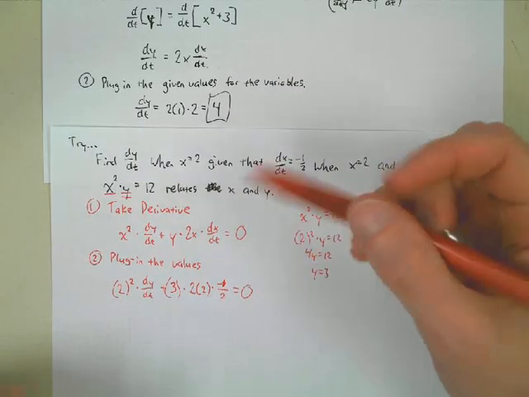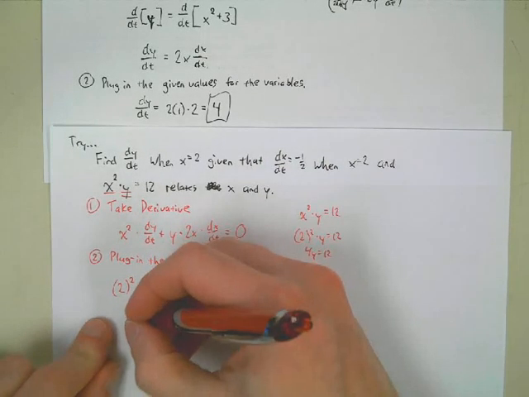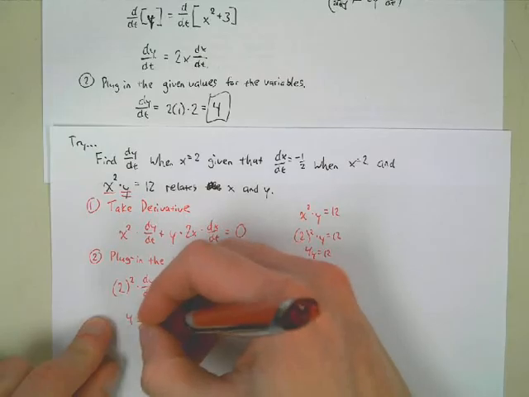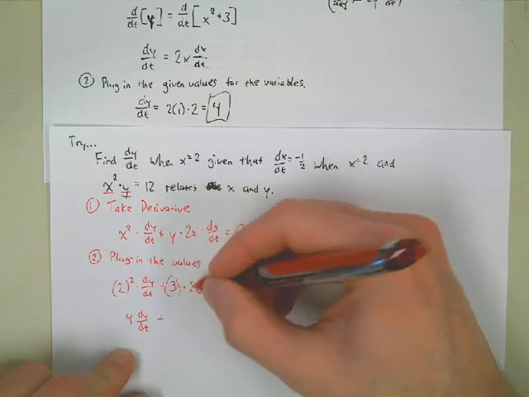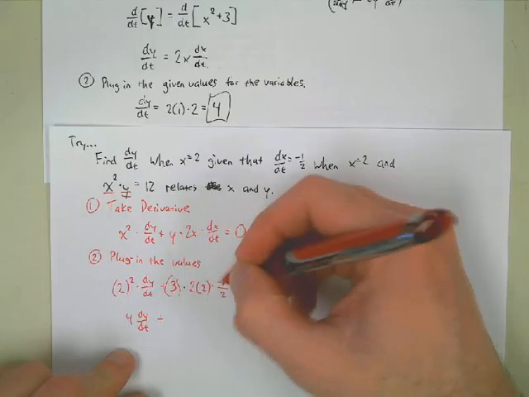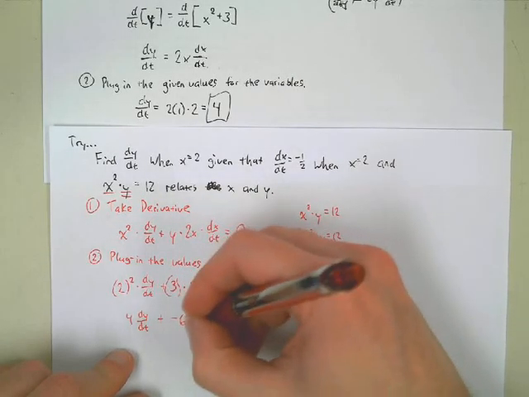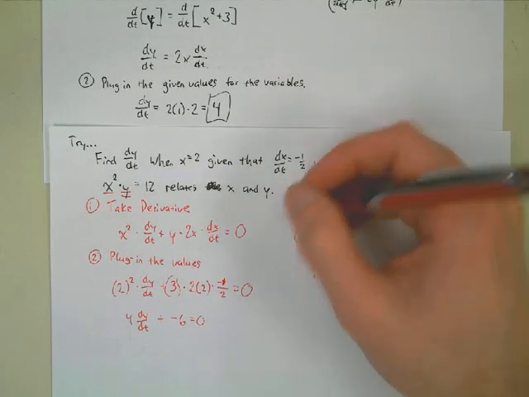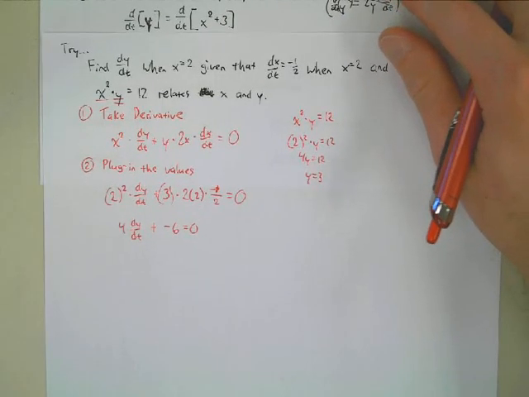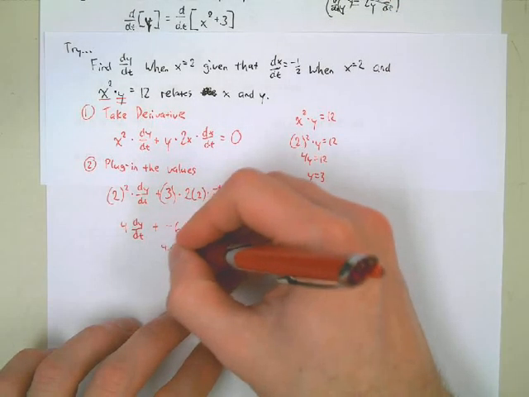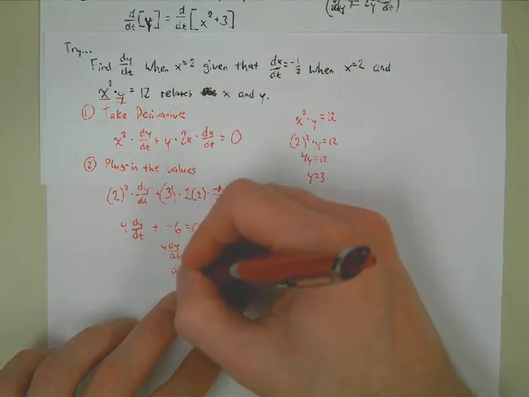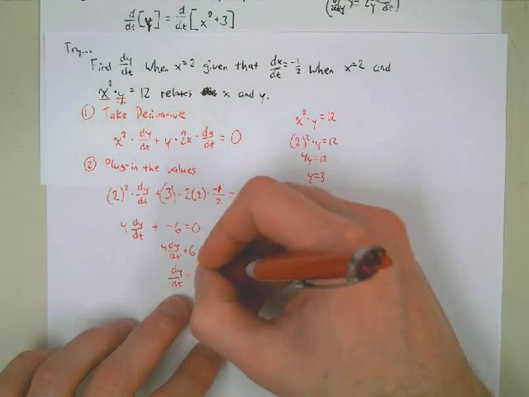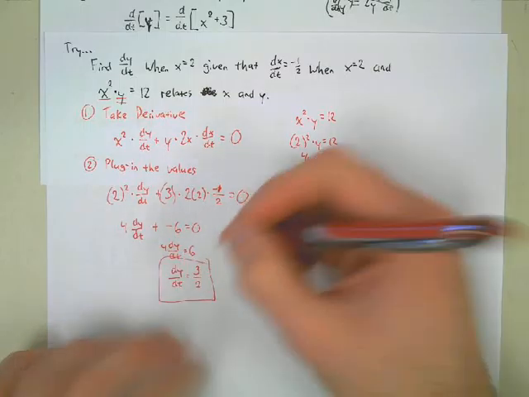So we get 4 dy dt, and 3 times 2 is 6, times 2 is 12, times negative 1/2 is negative 6. And so we get 4 dy dt equals 6, and so dy dt equals 3/2. Again, no units, no labels, because we don't have a context here.